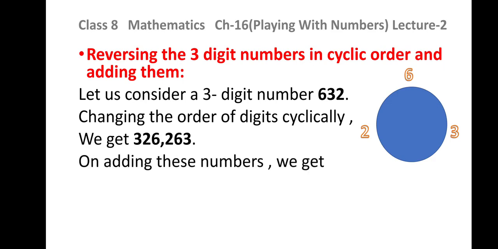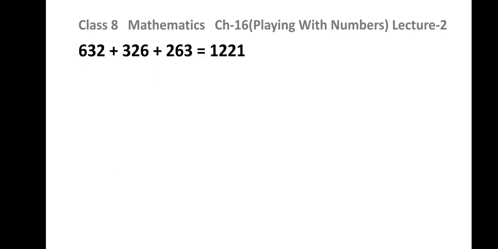On adding the three numbers, 632 plus 326, in the cyclic order, that is in the clockwise direction we have reversed the numbers, plus 263, the sum will be 1221, which is a multiple of 111 into 11, and this can be further written as 3 into 37 into 11.